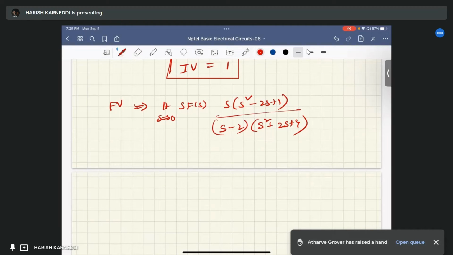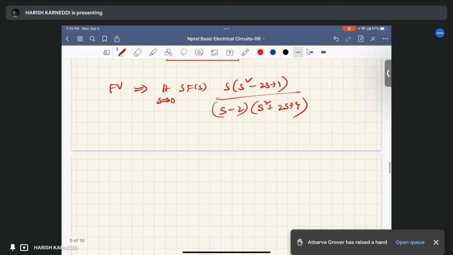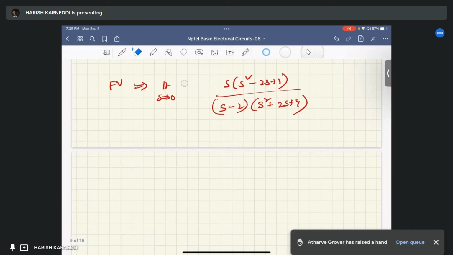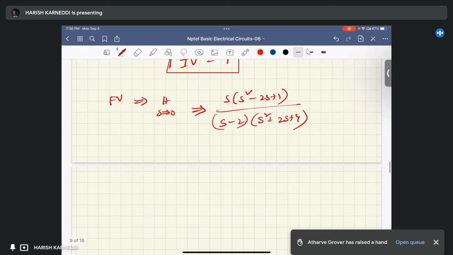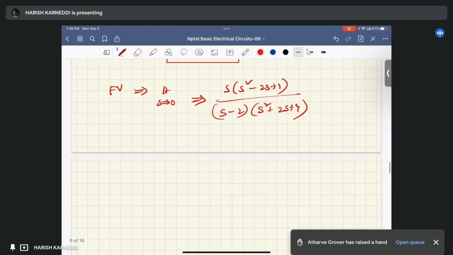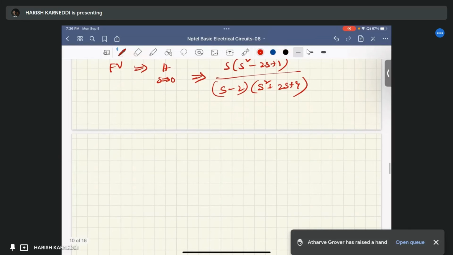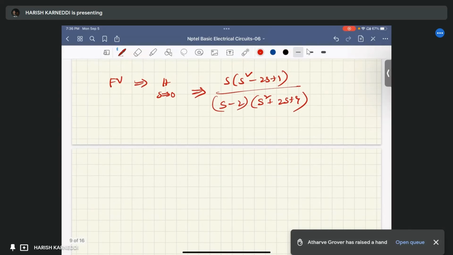This is limit s into f of s as s tends to 0. If you substitute s equal to 0 in this equation, it will be.